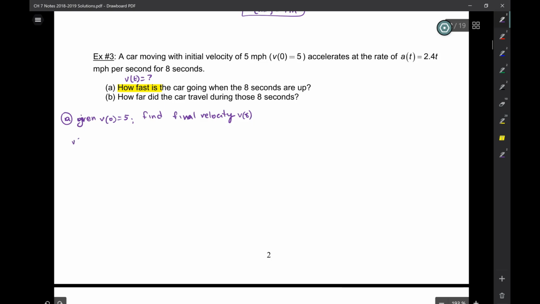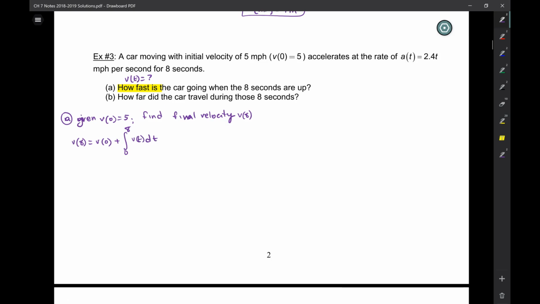So what is V of 8? V of 8 is V of 0 plus however much velocity this thing accrued from 0 to 8.